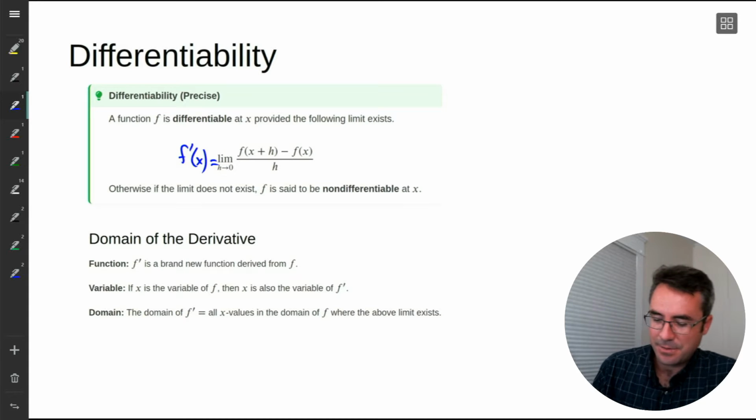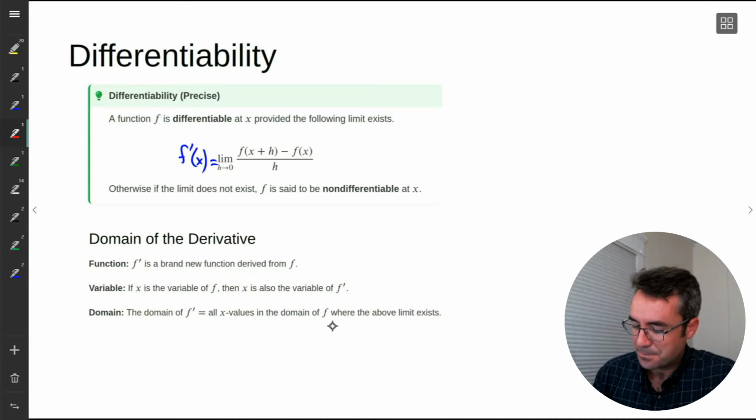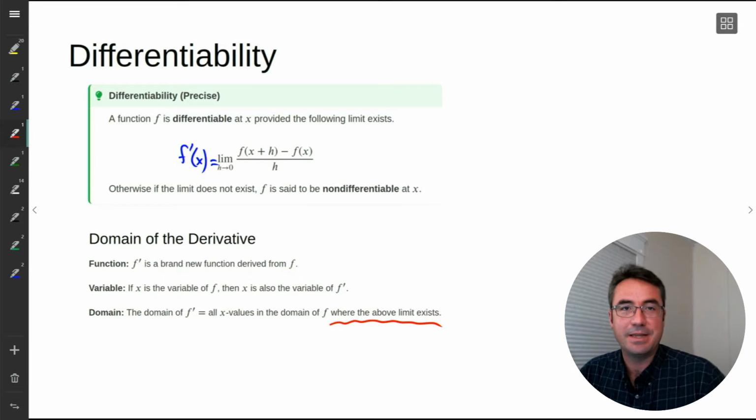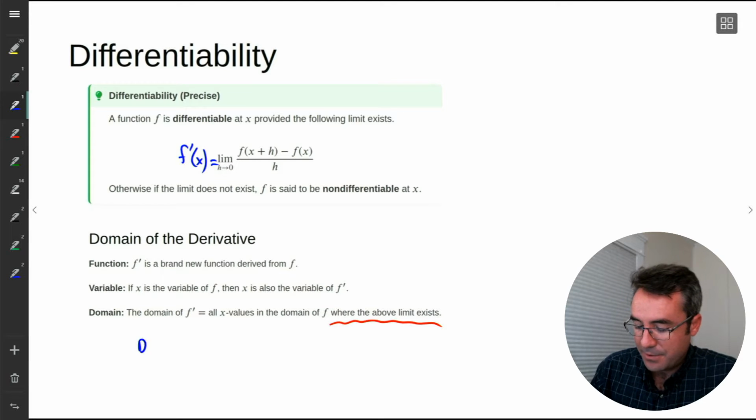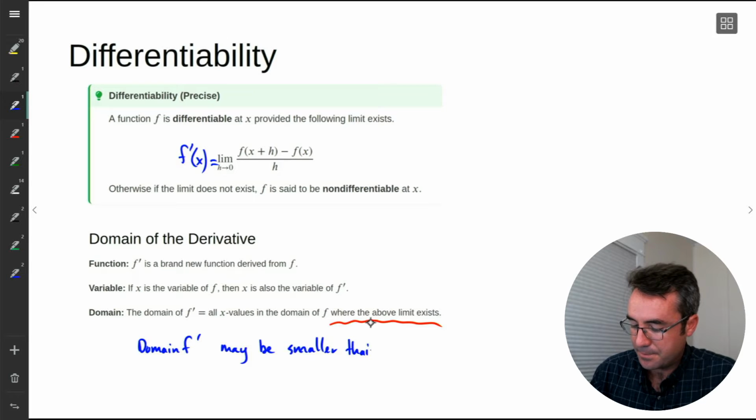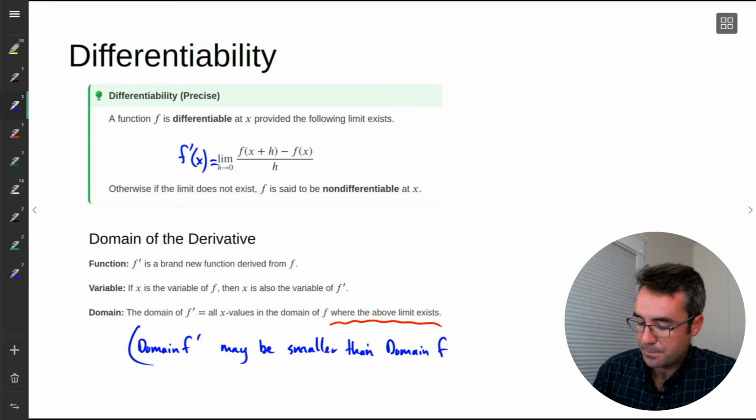Not quite. We have one exception, and that's where this above limit exists. The domain of f prime is going to be equal to the domain of f, but we have to go through and throw out all of the x locations where this limit did not exist. So conceivably, the domain of f prime may be smaller than the domain of f.